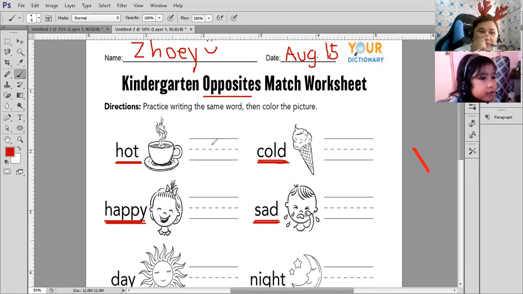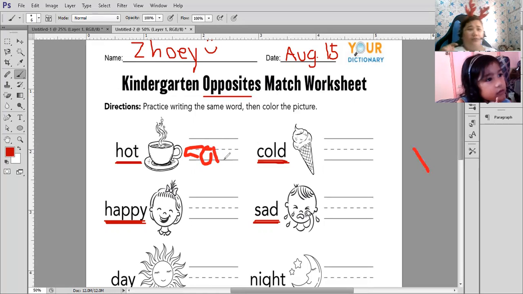Like in the ice cream. That's right. Wow. I make it a little bit smaller so I can have a space. Ay, bakit parang A?